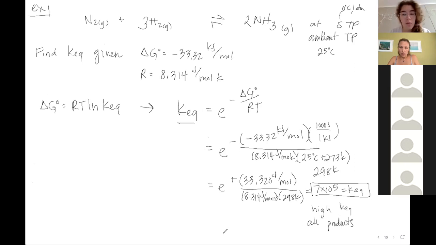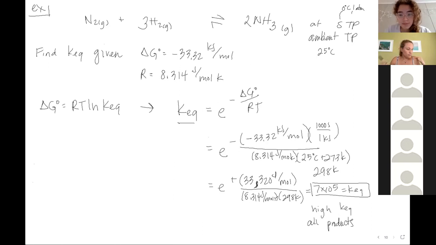Oh, I got one when I didn't convert the 33.32 to joules. Okay, that's the only thing. So if you put 33.32 instead of 33,320. Yeah. So make sure to convert joules and kilojoules. It helps because some people work it the same way and get the same wrong answer. So it's nice to hear. Thank you for your help.